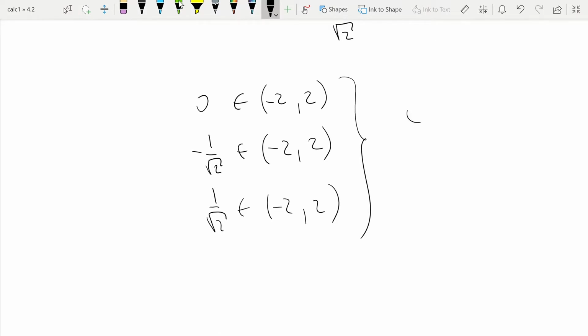So all these points belong to the interval. So c is 0 or minus 1 over square root 2 or 1 over square root 2. They all satisfy the conclusion.